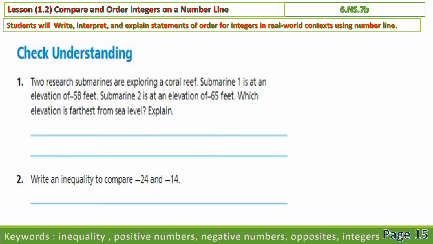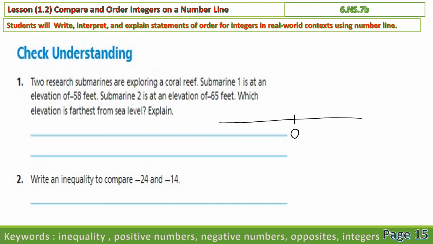Two research submarines are exploring a coral reef. Submarine 1 is at an elevation of -58. Submarine 2 is at an elevation of -65 feet. Which elevation is farthest from the sea level? Assume this. You can make the number line, but better to assume.